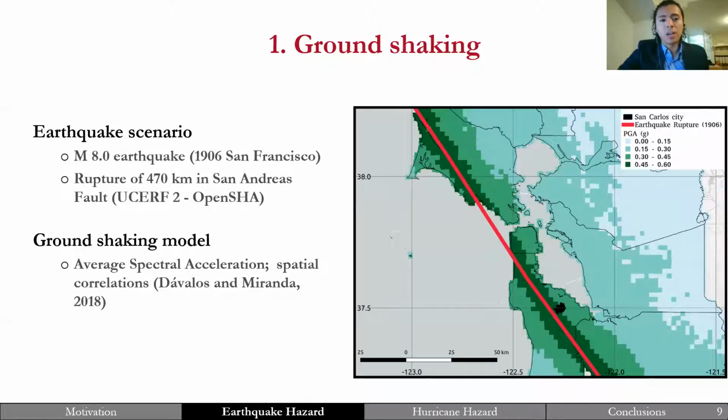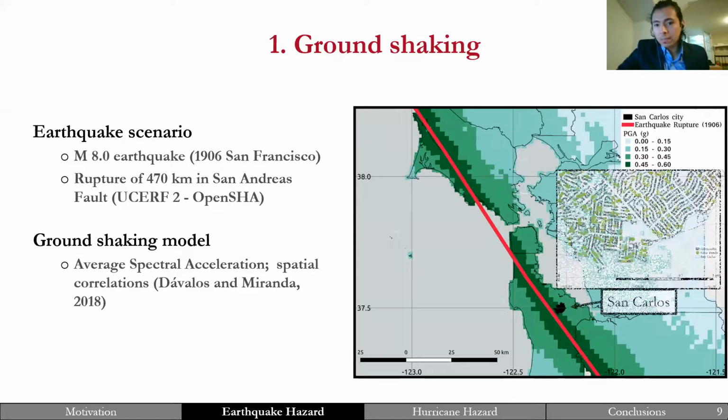As a ground shaking model, we use average spectral acceleration that Professor Davalos and Professor Miranda developed a few years ago with its own spatial correlation, which they show to work well for the kind of houses we see in San Carlos, wooden houses. And San Carlos City, our case study, is here. The plot I was showing you before was the footprint of San Carlos City.